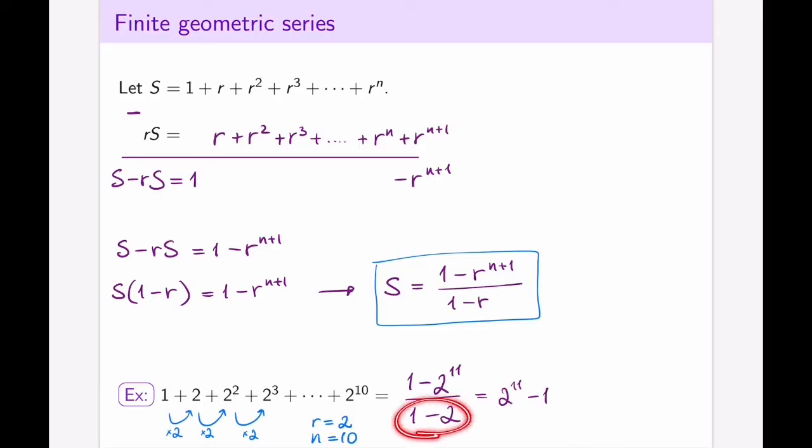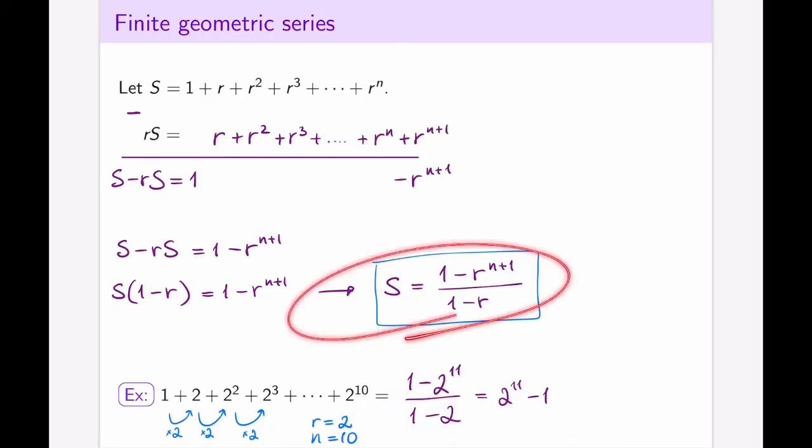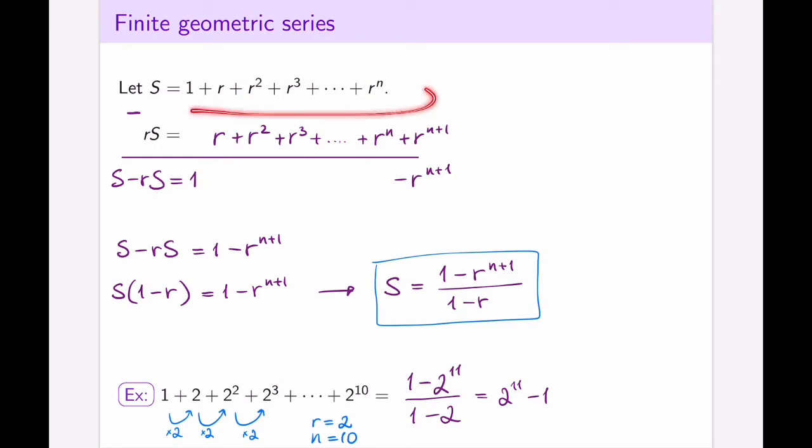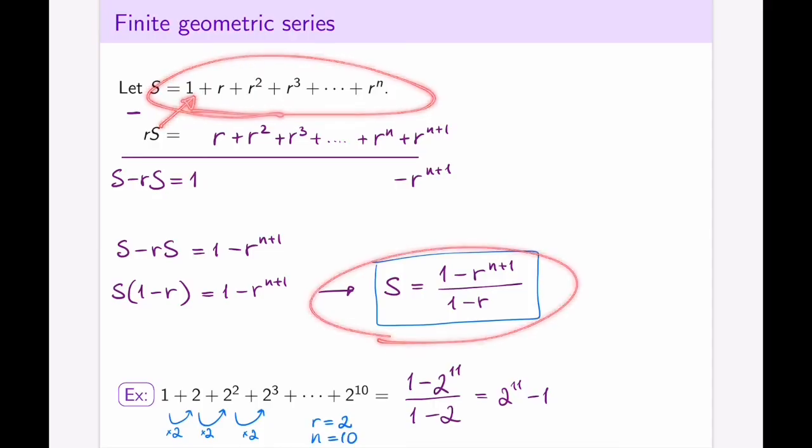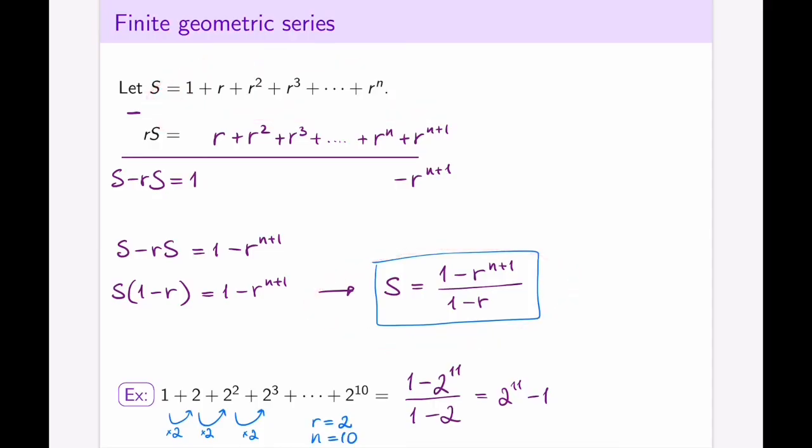The bottom computes as negative 1, and then I negate everything on the top to accommodate for that. This formula is going to come in very handy when we're doing a variety of our simplifications. However, I would like to point out now, as I will point out later, that you've got to make sure that your actual series starts at 1 in order to be able to apply this formula.